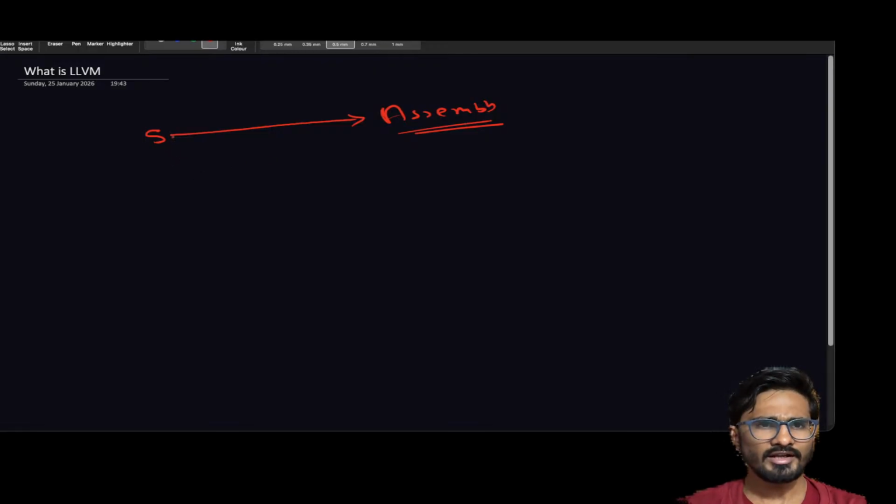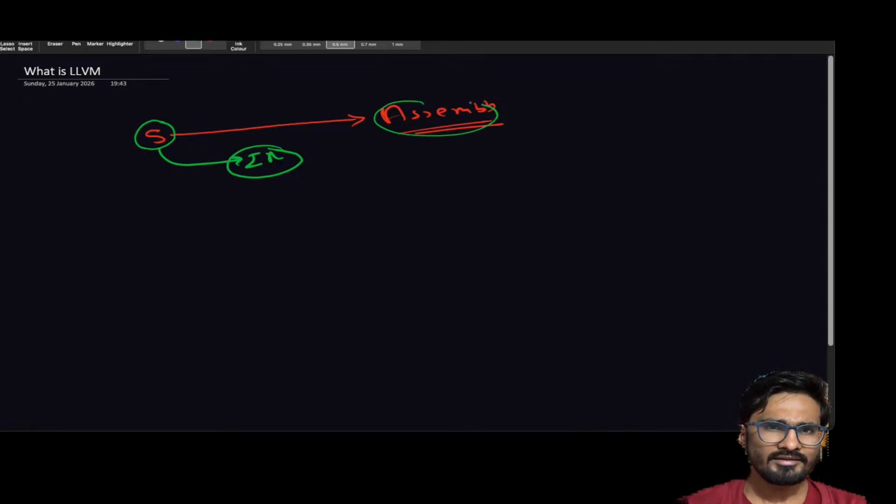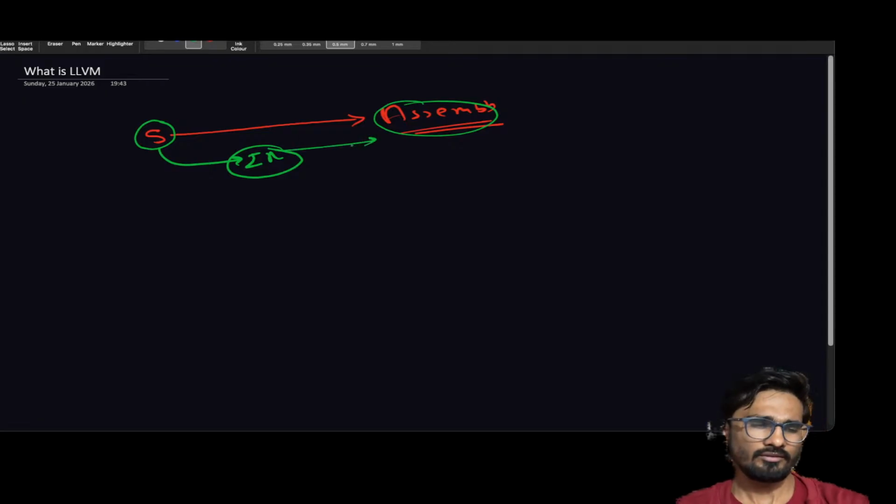So instead of directly converting to assembly, why not first create one intermediate representation which will be neither too abstract like source code, nor too low level like assembly? It will be in between the two. So what benefit will we get from this decision?